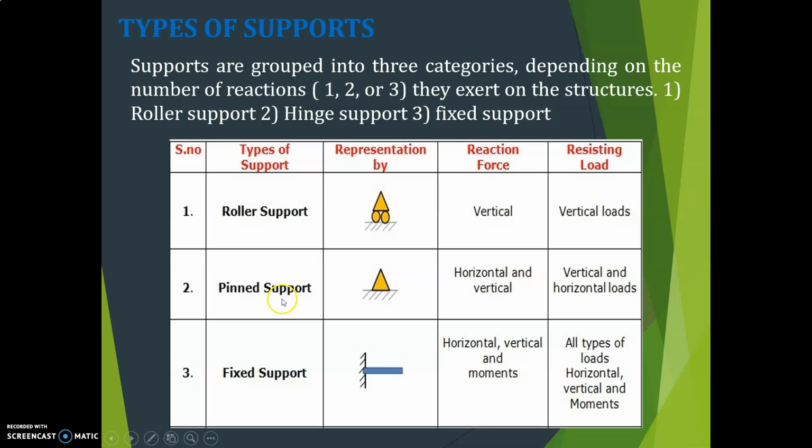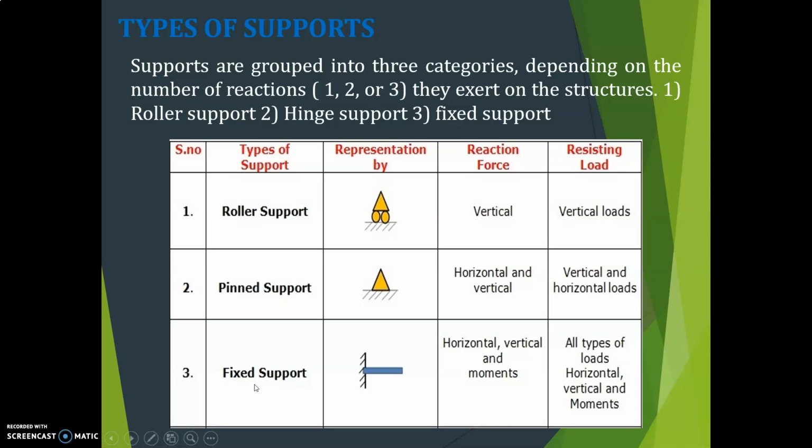Then what is a hinge support? Hinge support can develop both horizontal and vertical reactions for a given inclined load. This is the representation of a hinge support or pinned support, and its reaction forces are horizontal and vertical, and the resisting loads are vertical and horizontal loads. The third one is the fixed support.